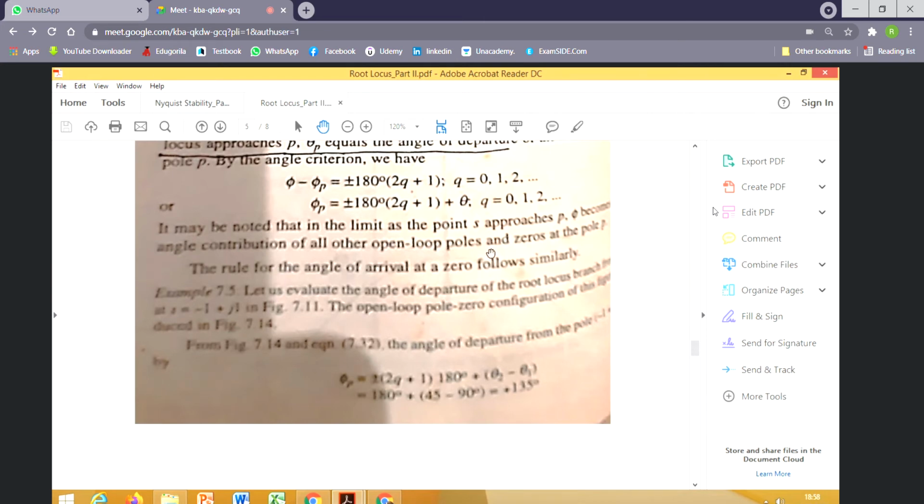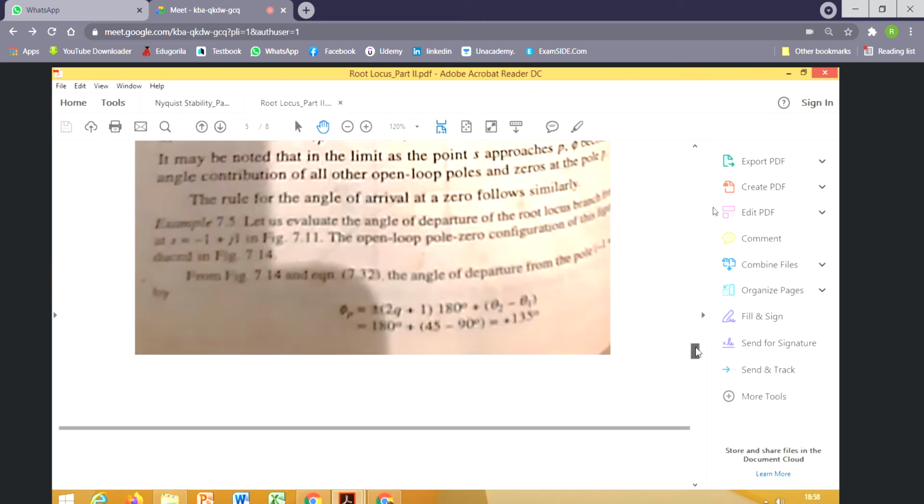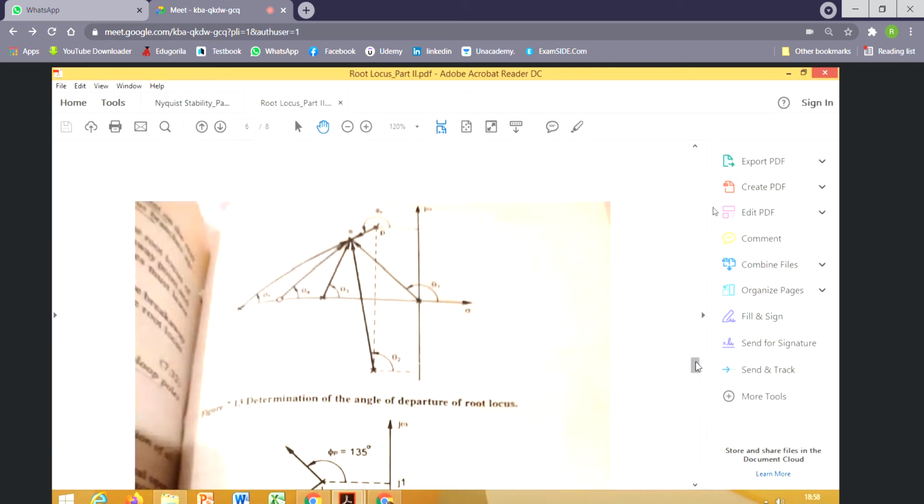Okay. Now, again, let's look at this figure. You see, in the limiting condition, what was our second assumption? This point is very close to this complex open loop pole, right? So, in the limiting condition, we can say that this point and this complex open loop pole, these 2 points are identical, they are co-located.